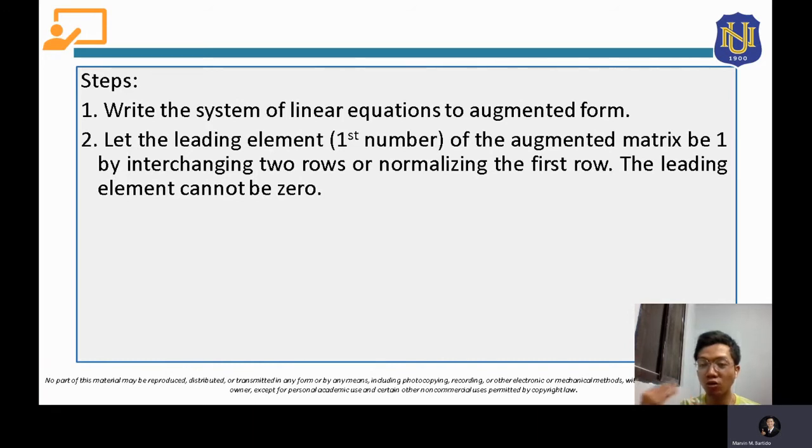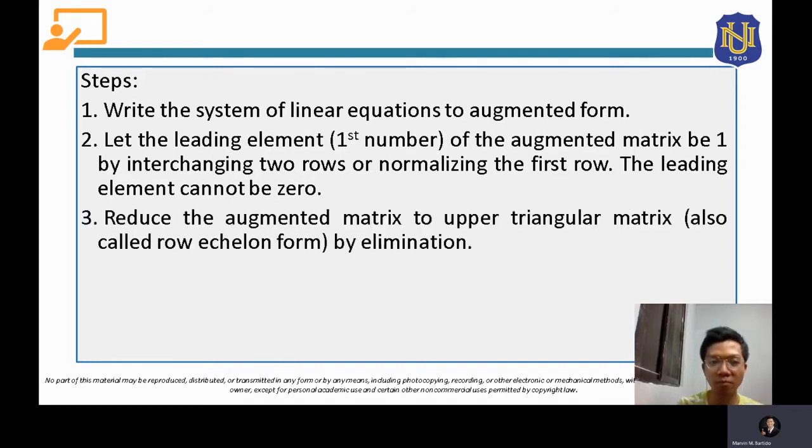Or if there are no rows that have 1 as the leading element, we can also normalize the first row. Normalizing the first row, we just have to multiply a scalar quantity to the first row in such a way that the leading element will become 1. We will see that in our example.